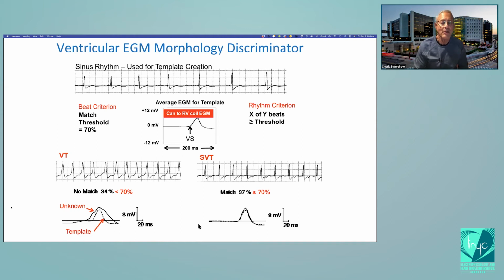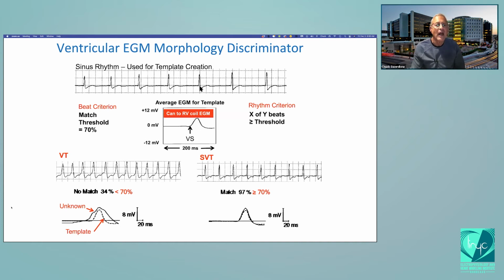So I want to spend a minute then, since we've discussed single chamber morphology discriminators, on how morphology discriminators work. While there are technical differences, they all have these common characteristics. First, they store some representation of the sinus or baseline rhythm electrogram.